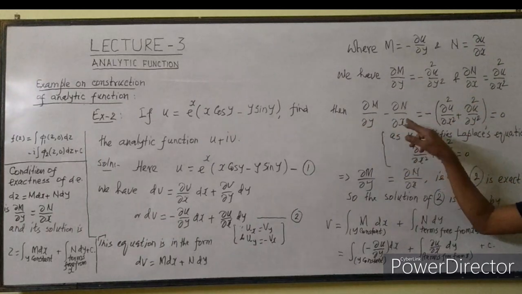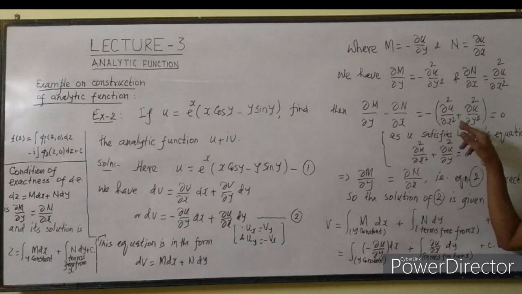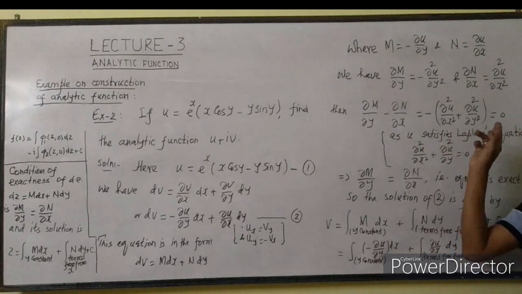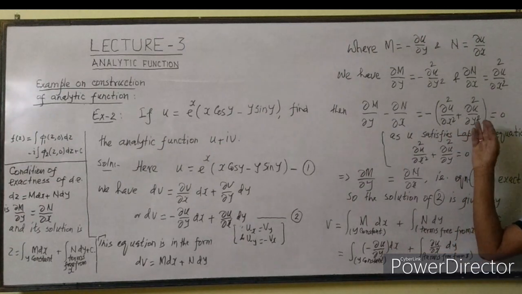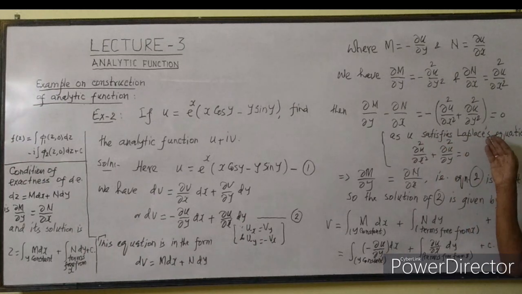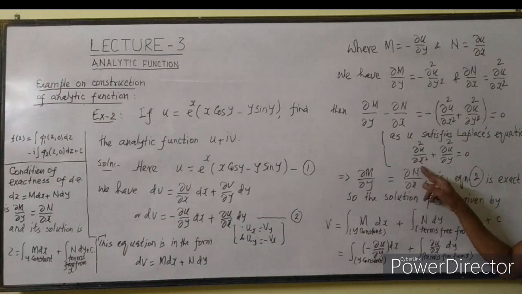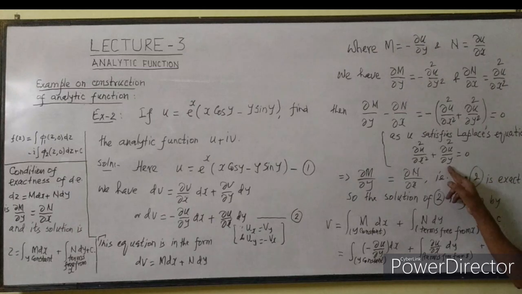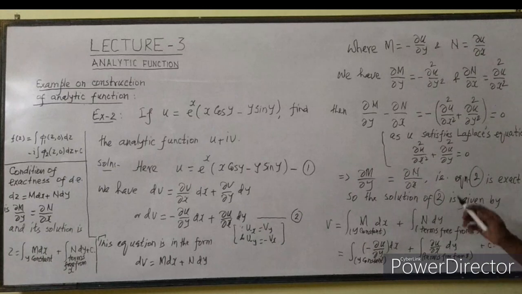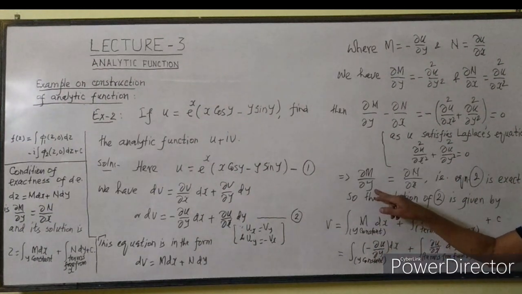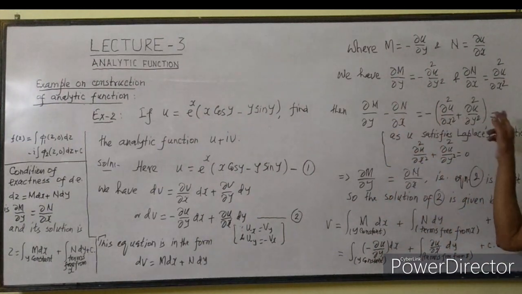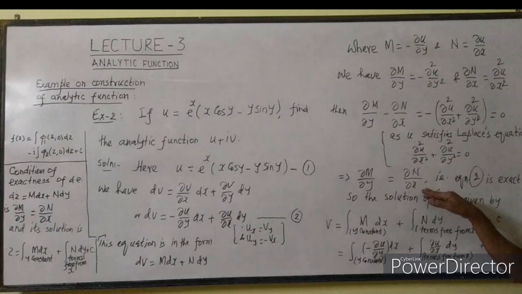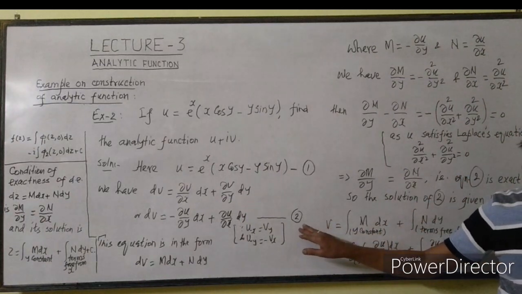So del M del y minus del N del x will be minus of del square u del x square plus del square u del y square, and this will be 0 because u satisfies Laplace's equation: del square u del x square plus del square u del y square equal to 0. So this implies del M del y is equal to del N del x, that is, equation 2 is exact.